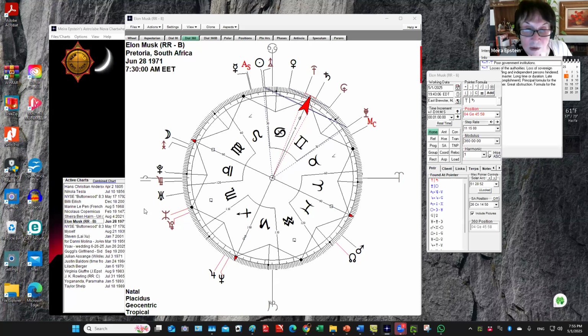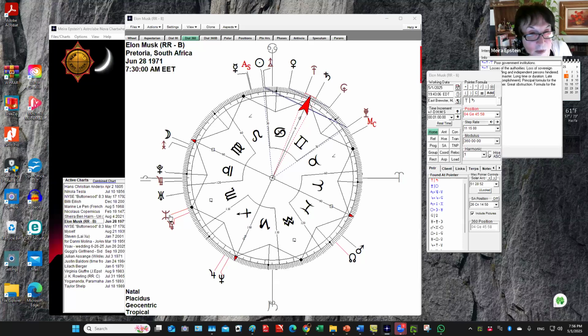So I just jumped the gun a little bit because I was going to talk about midpoint separately, but this is a good one because it fits in with the symmetry. So what we have here to recap is three pairs of planets sharing a midpoint, and that midpoint where the arrow is makes a sesquiquadrate with Poseidon here, which means that Poseidon is also taking part in this whole operation because it makes an aspect.